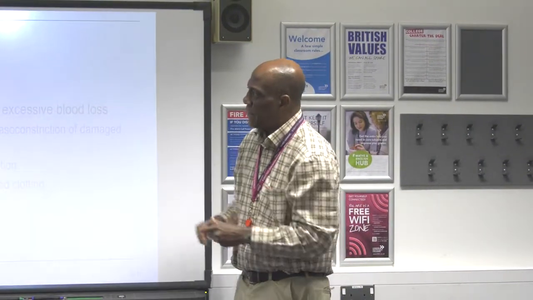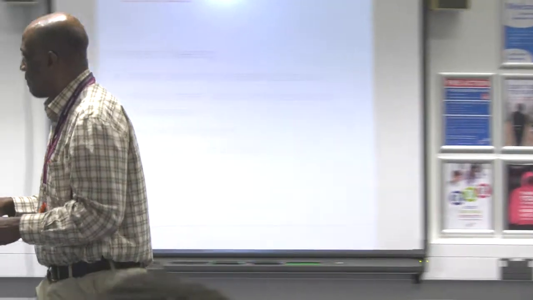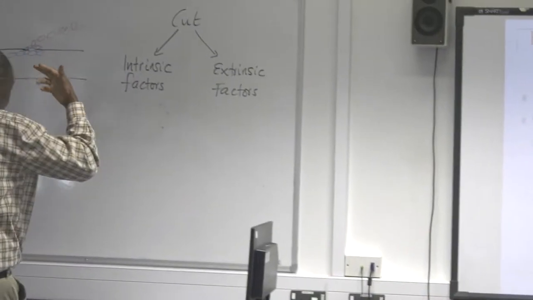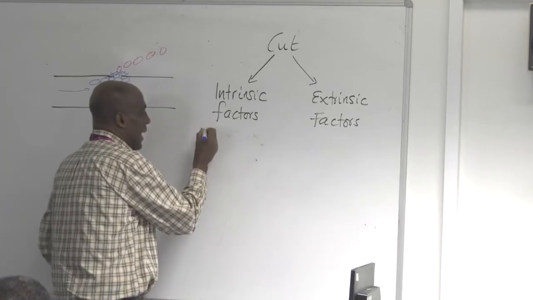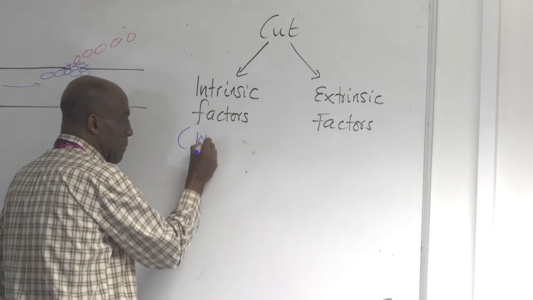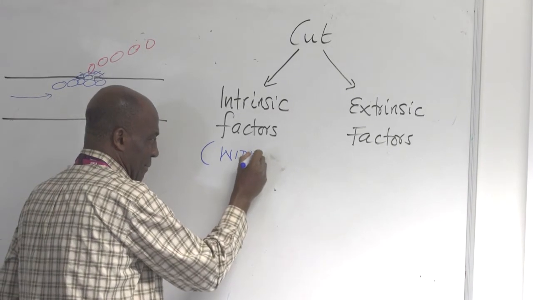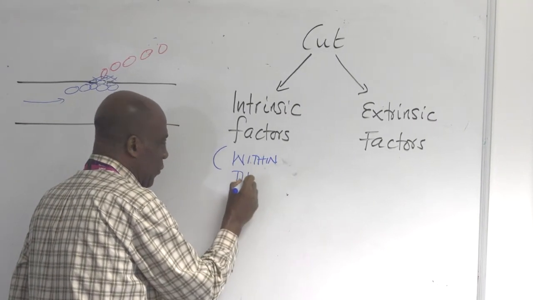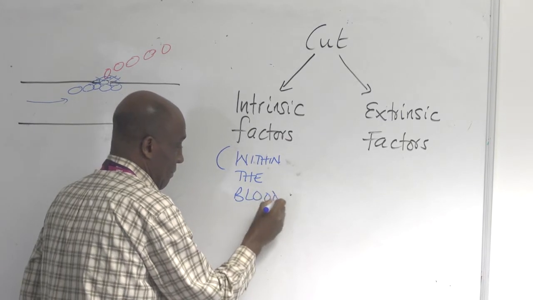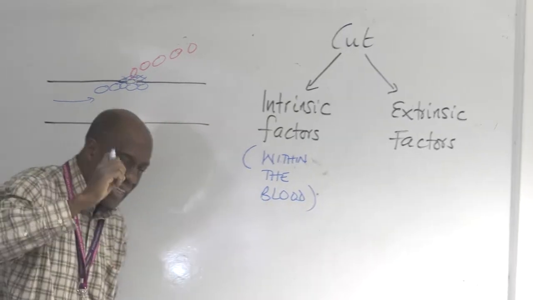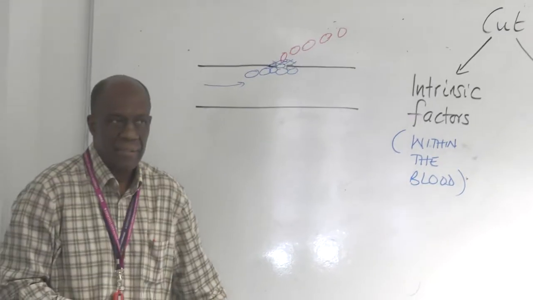In the process, the intrinsic factors, again, it's all about reminding. The intrinsic factors are within the blood. A lot of students go wrong here, but the intrinsic factors are within the blood.